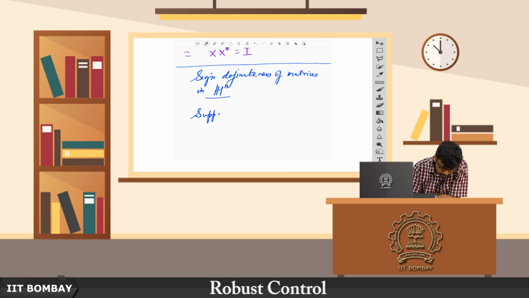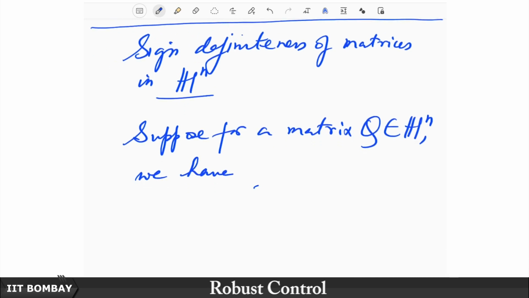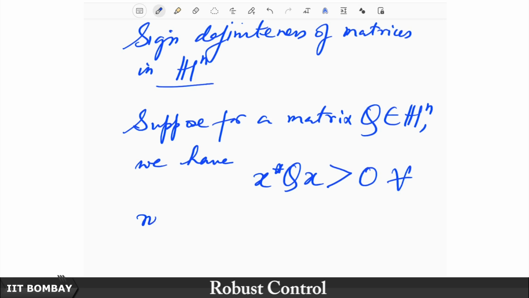Suppose for a matrix Q that belongs to Hn, we have x Hermitian Q times x greater than 0 for all non-zero x belonging to Cn.